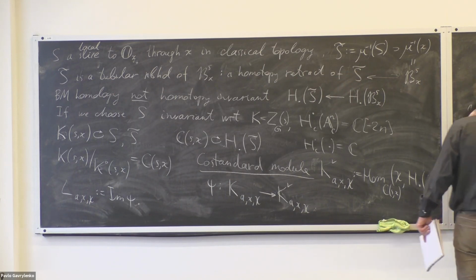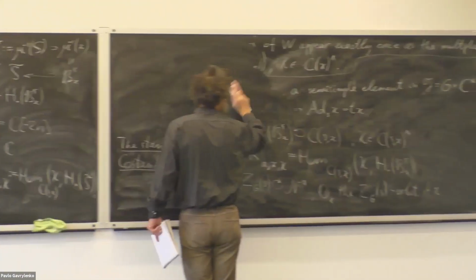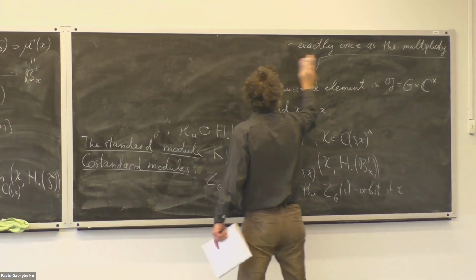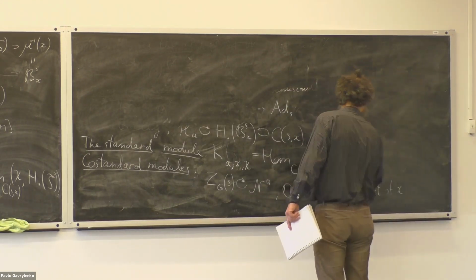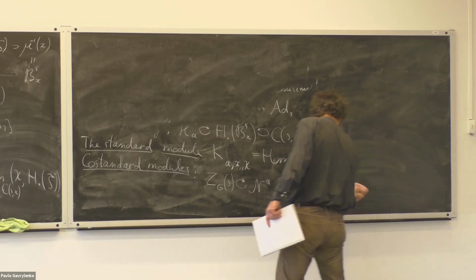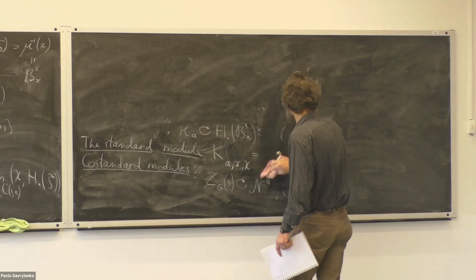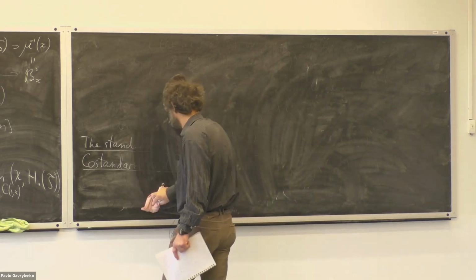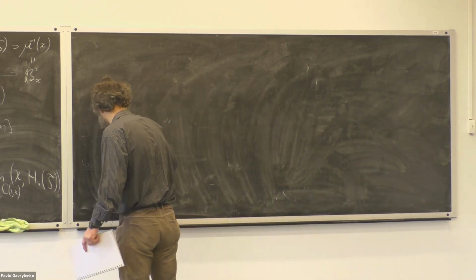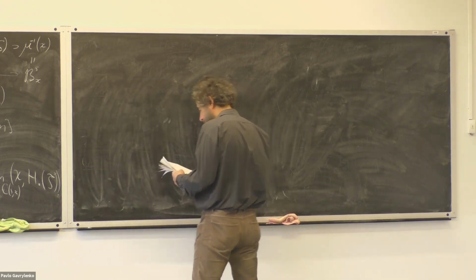And I'm afraid that the proof of this main theorem will take all the remaining time till mid-December. This is the classification of irreducible representations of affine Hecke algebra.